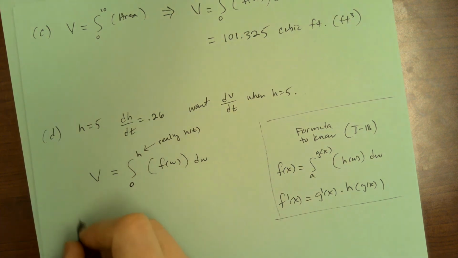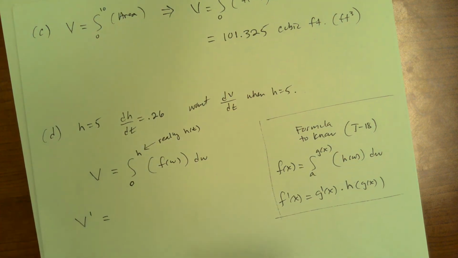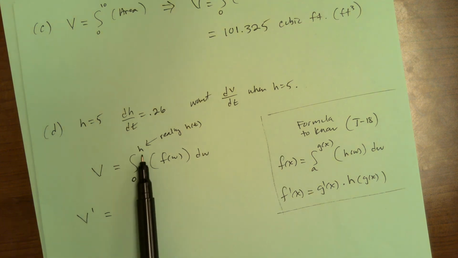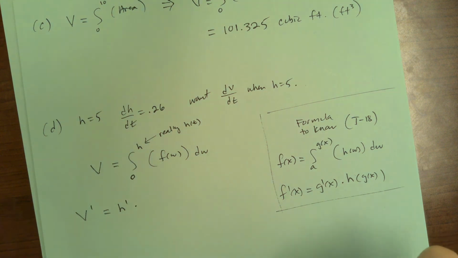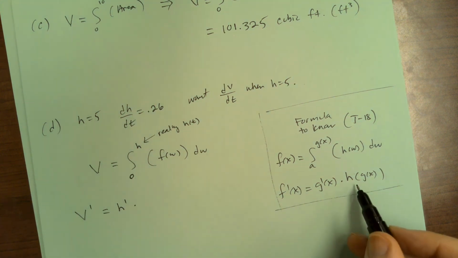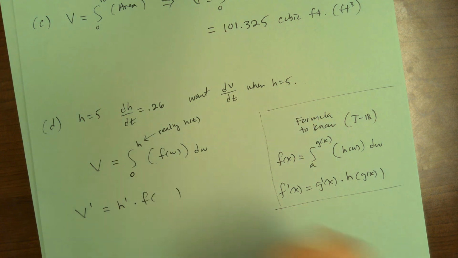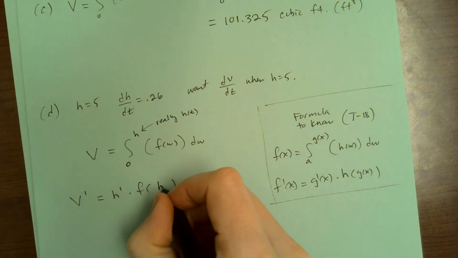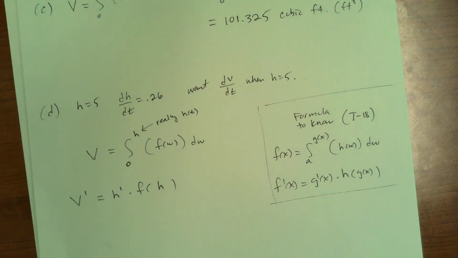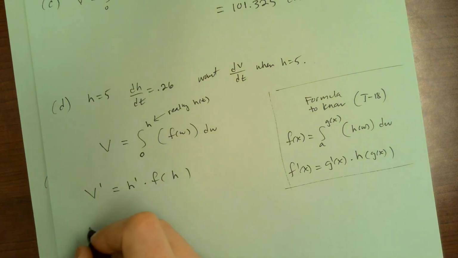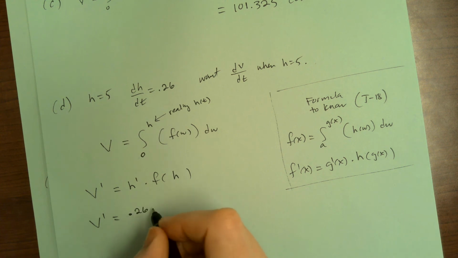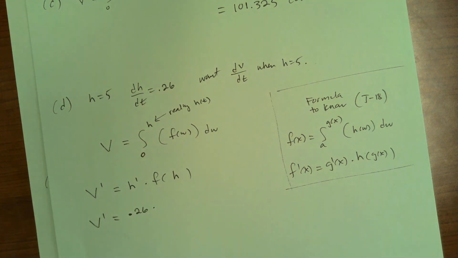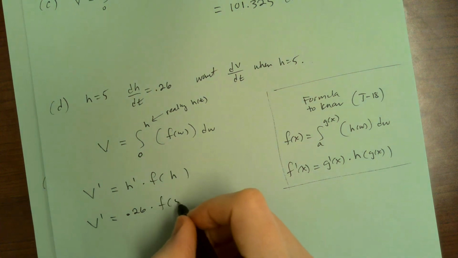So V prime is equal to h prime times the inside function f, with h put in instead of w. Okay, and V prime is what we want. H prime is 0.26, and then at this moment we want f of 5.